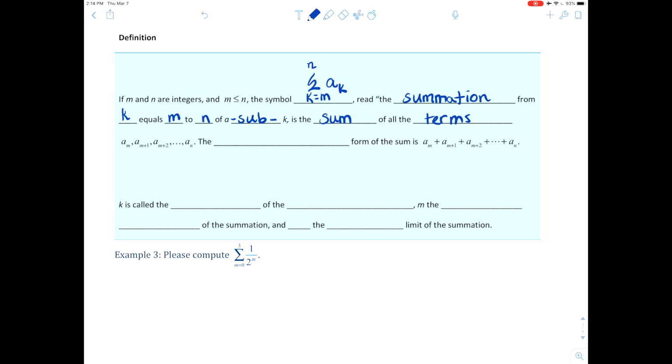So it's basically, you add up all the terms of the sequence, right?